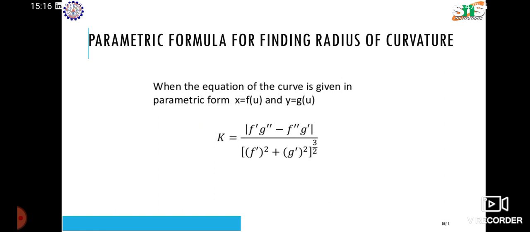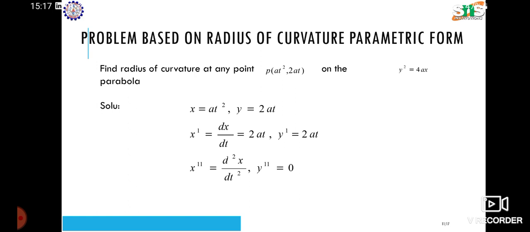In the same way, we have the formula for finding radius of curvature when we have the parametric form. When the equation of the curve is given in parametric form, that is x equal to f of t and y equal to g of t, then we have to go for this formula. Find the radius of curvature at any point t of the curve y square equal to 4ax.